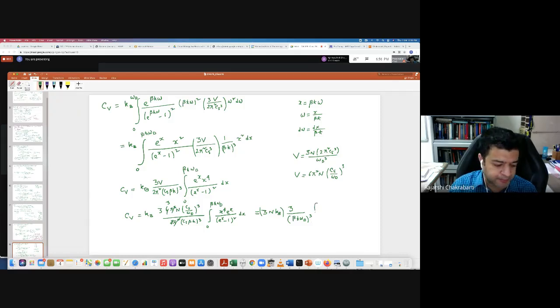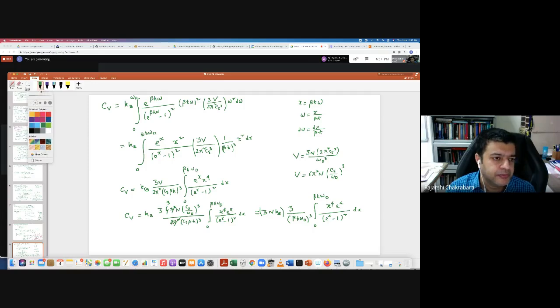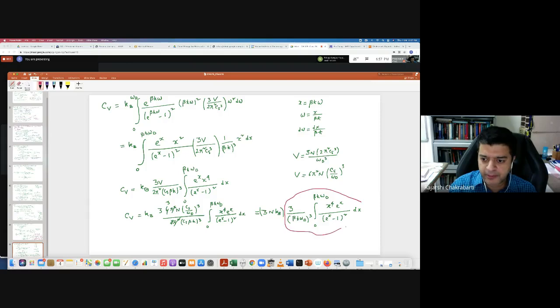But then I'm left with this integral, and this integral I'm going to call something. This one is called the Debye function, fd of theta d by t.